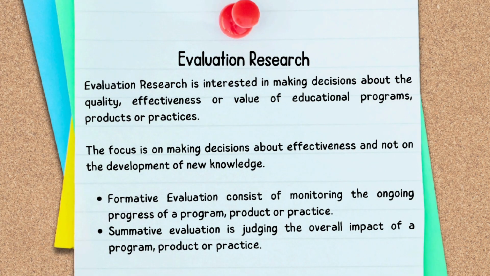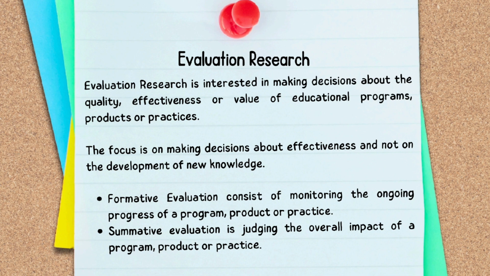The third function is evaluation research. Evaluation research is interested in making decisions about the quality, effectiveness, or value of educational programs, products, or practices. The focus is on making decisions about effectiveness and not on the development of new knowledge.